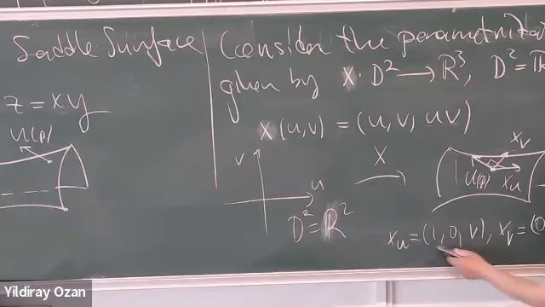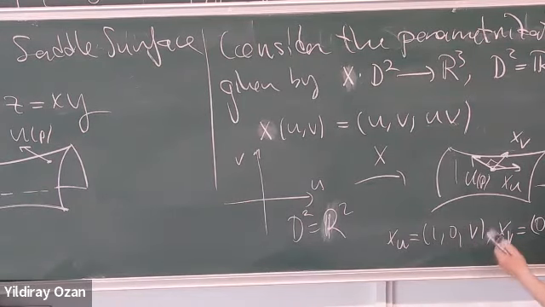So x sub U is just 1, 0, 0, which is U1. And x sub V is 0, 1, 0, which is U2.